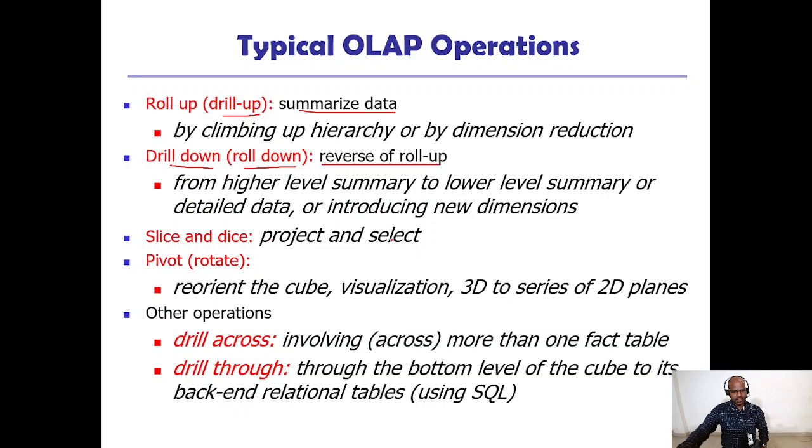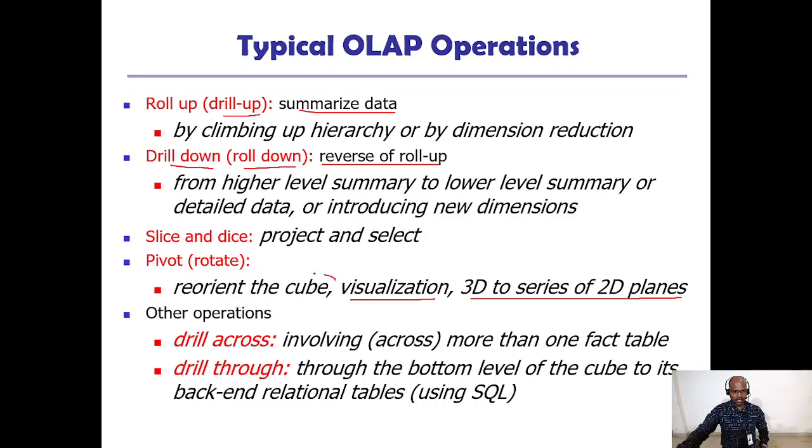From higher level summary to lower level summary or detailed data, or introducing new dimensions. Slice and dice means project and select. Pivot means we rotate the selected slice of the data cube, meaning reorientation of data. The visualization may be changed from 3D to a series of 2D planes.